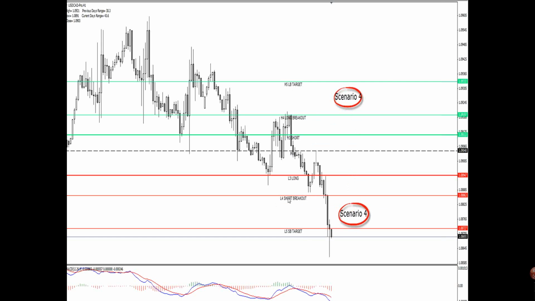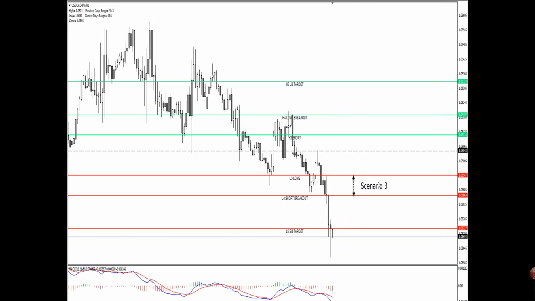If the price opens up in between L4 and L5, that is usually a sign of a very bearish market, or very bullish in the other case, and you need to wait for the price to retrace to use one of those 3 scenarios. Okay?